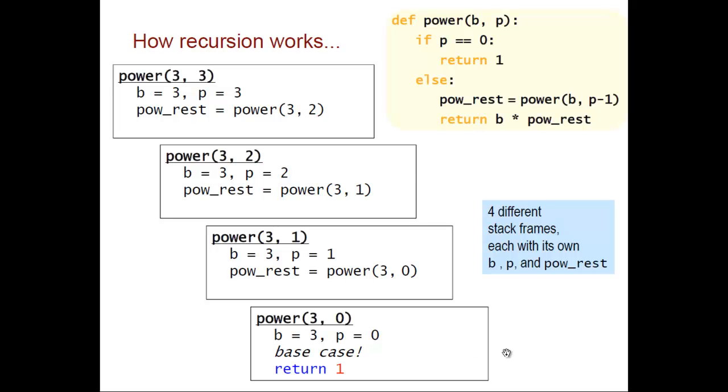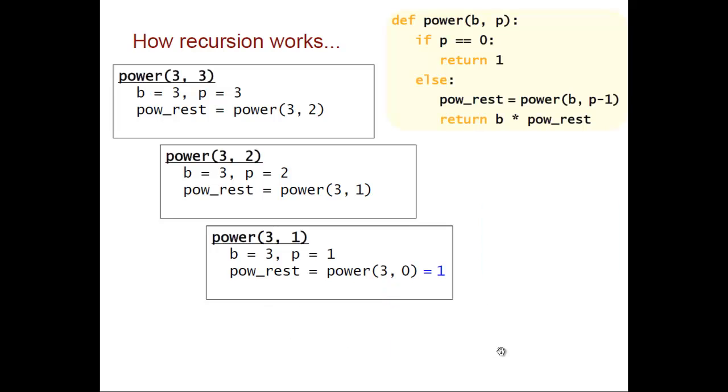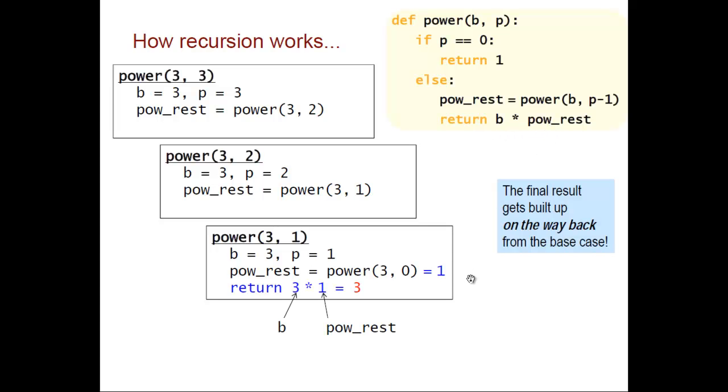Now once again, the final result is going to get built up on the way back from the base case. And this is what happens in recursion. So the 1 gets sent back and gets assigned to pow_rest, and then we pick up and we return b times pow_rest. And so we end up returning 3 from that call. Notice that 3 is indeed 3 to the first.